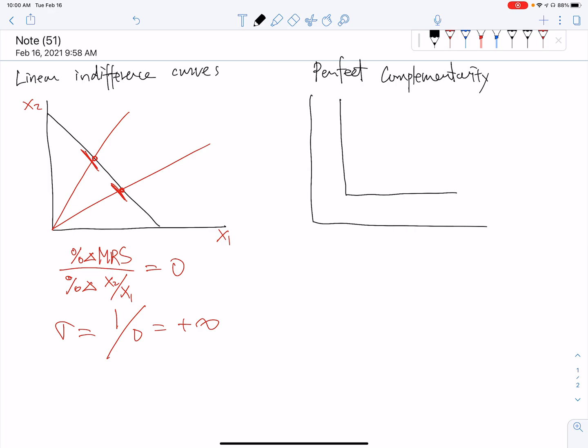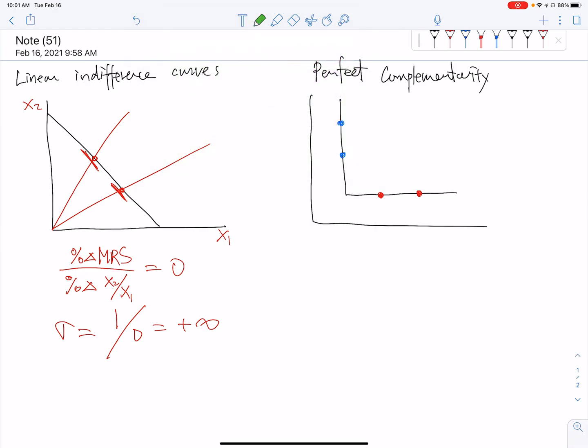So this is a little bit trickier. If you compare these 2 points on the same line, we arrive at the same conclusion that the elasticity is infinity, right? If you think of 2 different points in another part of the straight line, we arrive at the same conclusion because MRS doesn't change.